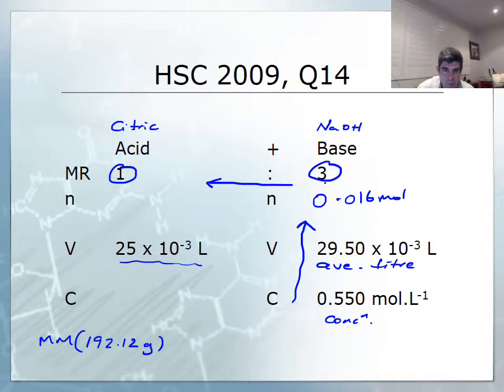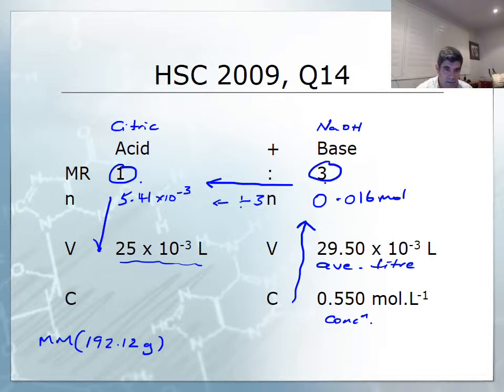So 3 to 1 means we're going to have to divide by 3 to get this value over here. So I'm going to just divide this by 3. And if, for example, you just used a 1-to-1 ratio instead of dividing by 3, then that's where you could make a mistake. So over here, I've got 5.41 times 10 to the minus 3. And then I'm going to go down.